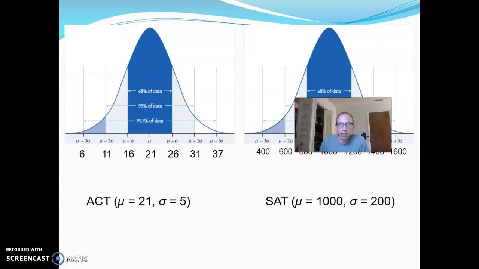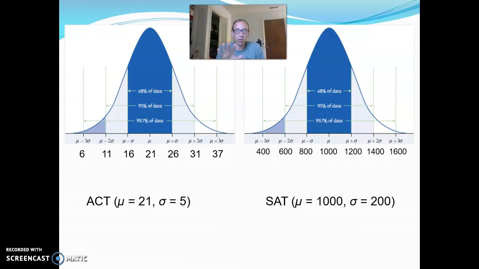Okay, so let's take a look at a visual. I think visuals are very, very important when it comes to normal distributions. So when we say our mean is right here and the mean is 21, we can actually plot it there. See how I've plotted 21 as the mean of the data, the center point.